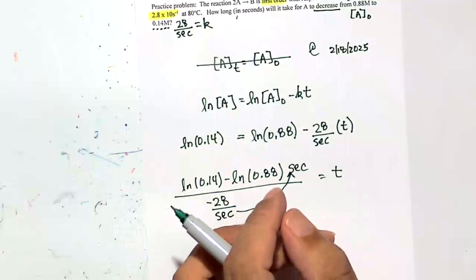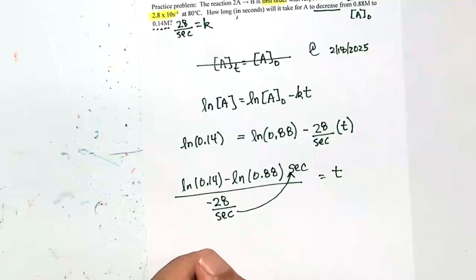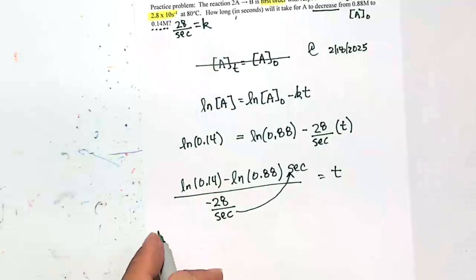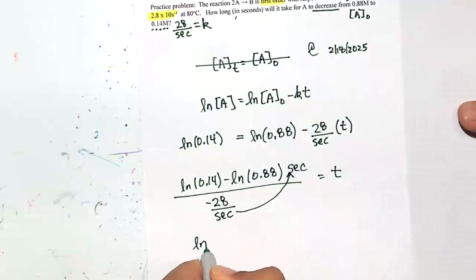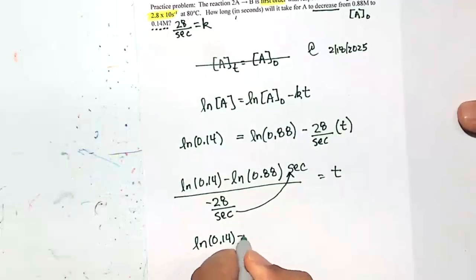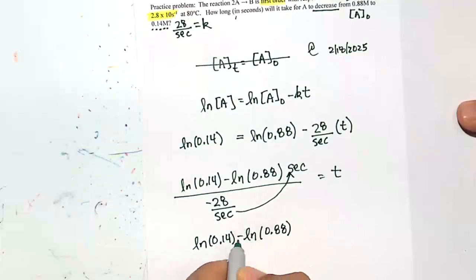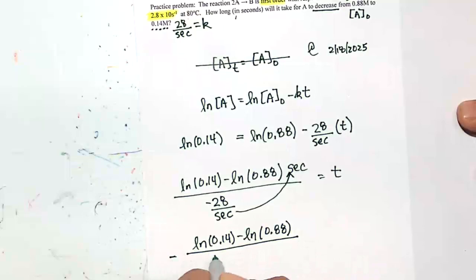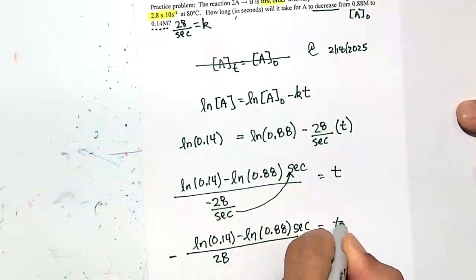Is everyone okay with the math? This is algebra, not chemistry. So that puts the seconds up here, so I'm left with natural log of 0.14 minus natural log of 0.88, divided by minus 0.28, and the final units are seconds.